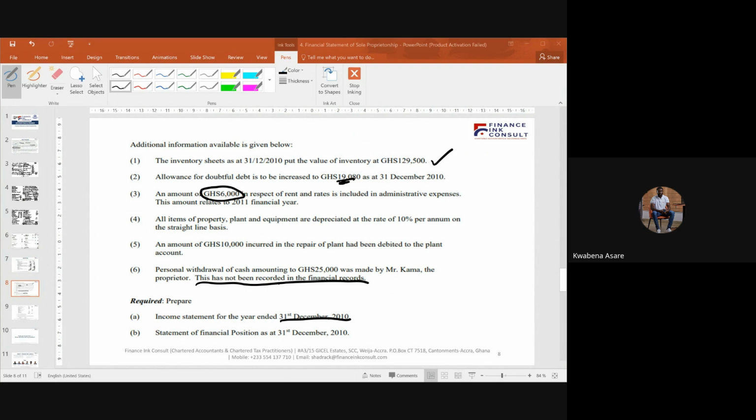Yes, sir. Most of them would not have been passed or added in the trial balance. Some of them would have been added to one of the items in the trial balance. But whatever the case, because we are applying our double entry principles, all the additional information would have two sides and will be recorded twice.